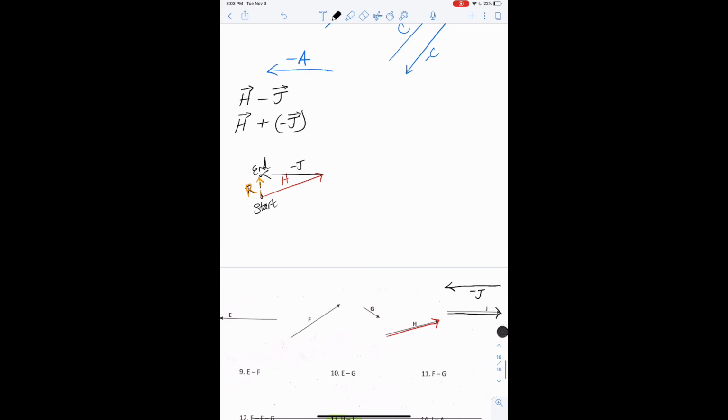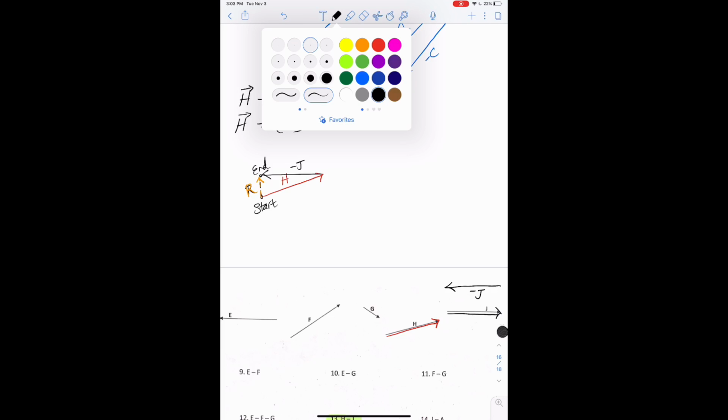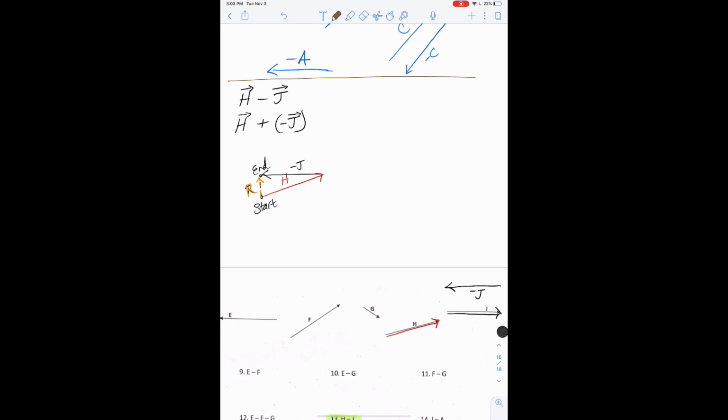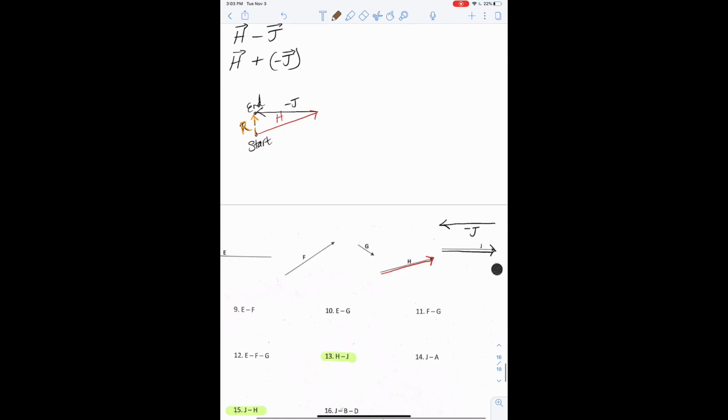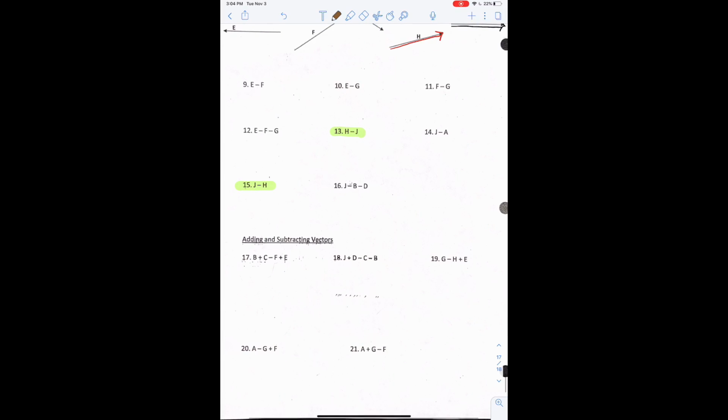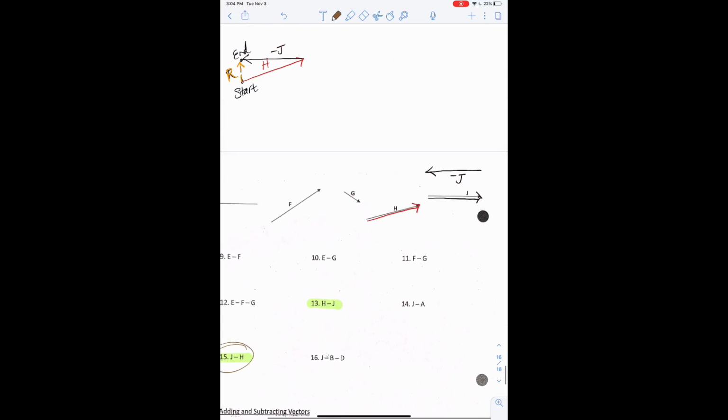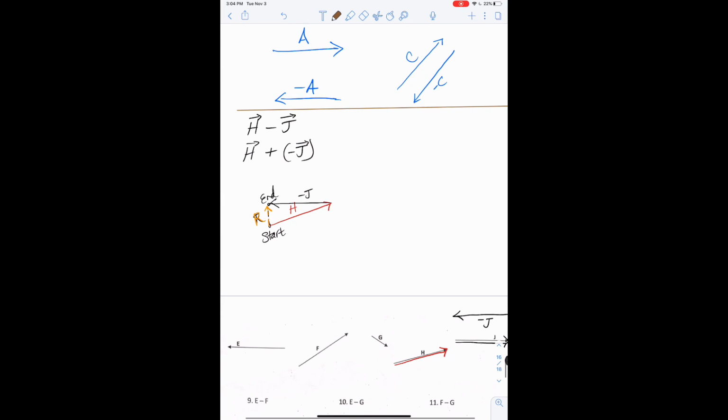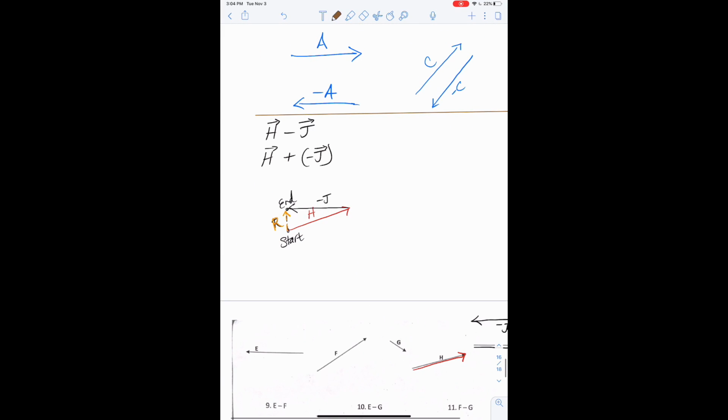What if, and they do ask us this, let me draw a boundary here. What if we then take a look at question number 15, J minus H. The one we just did was number 13, so let's write that down. This is number 13.